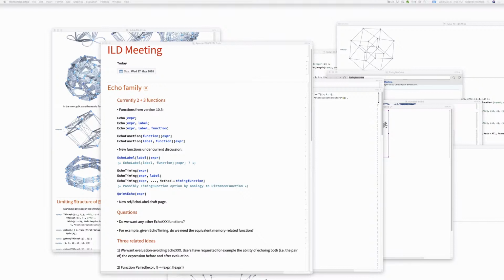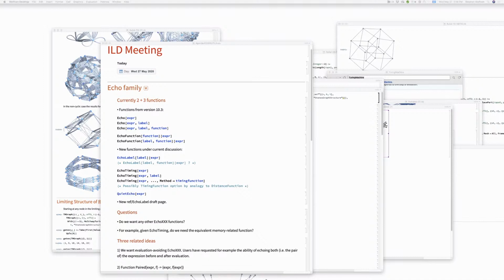I think the main thing here is the question of whether we want these. This is a slippery slope. Certainly we could add many echo functions, but we've always tried not to add too many, because this shouldn't be some sort of debugger functionality.